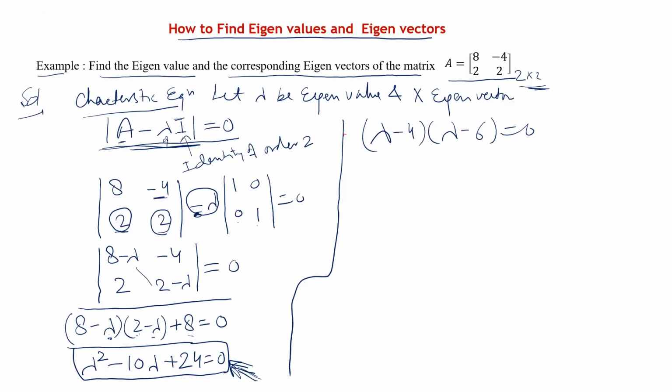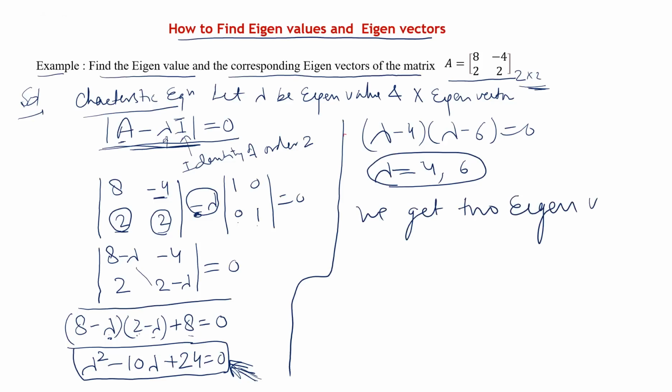So we can say lambda is 4 or 6. So here we get two eigenvalues, that is lambda is equal to 4 and lambda is equal to 6. We write this as lambda 1 and this as lambda 2. So here we get two eigenvalues for the given matrix.